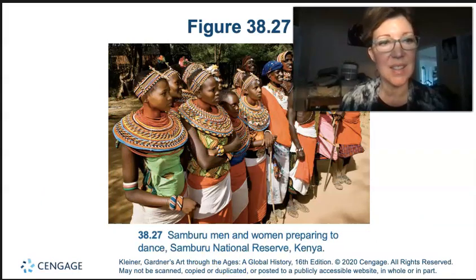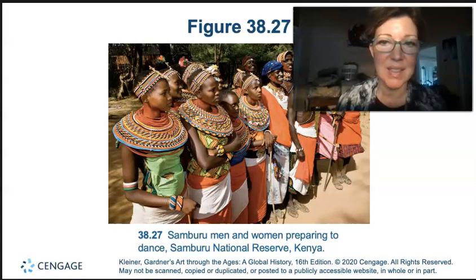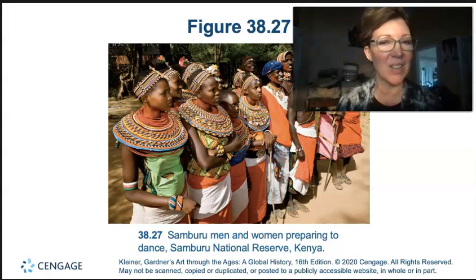I just think this is gorgeous. Among the Samburu of northern Kenya, which are these people in this photo, lavish personal adornment, hairstyles, beaded headbands and jewelry, body paint, decorated collars. Those kind of remind me of the decorated collars of the early Renaissance, the proto-Renaissance.